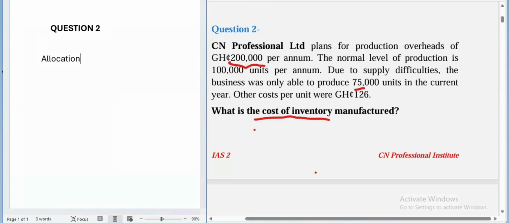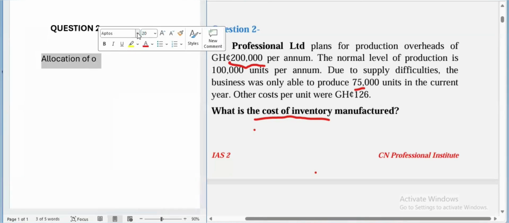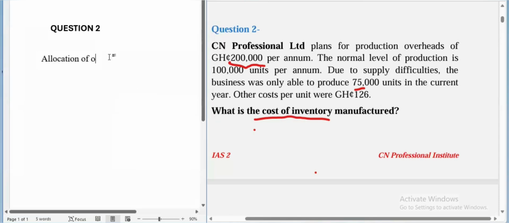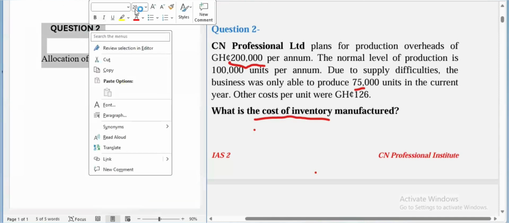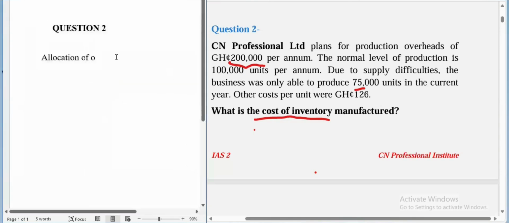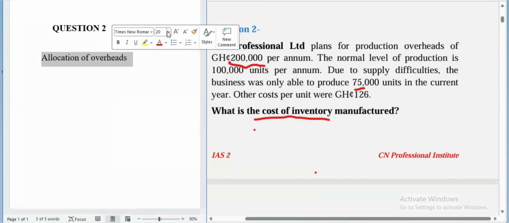Okay, let me change this one to Times New Roman. We said the allocation is based on the normal level of production. So allocation of overheads, and this allocation is based on the entity's normal level of production.